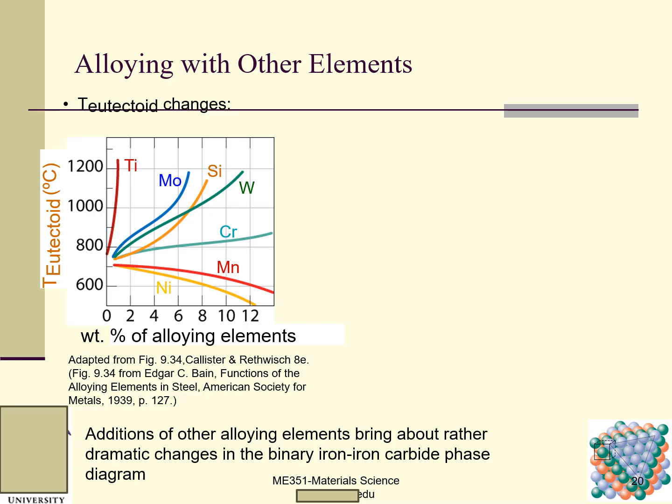And chrome, you can also use different percentages of chrome to change the eutectoid temperature. These are very, very important alloying elements, and they can give us a lot of convenience, because eutectoid temperature is very important.